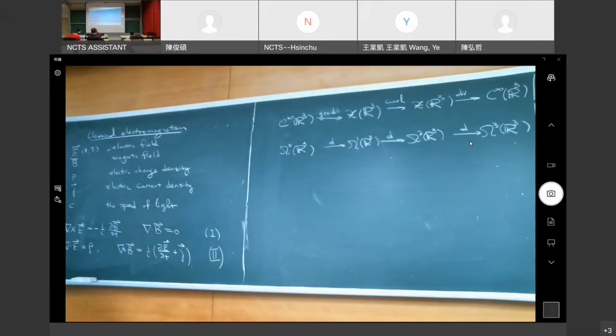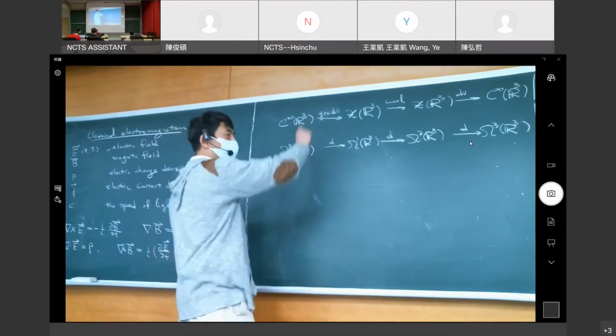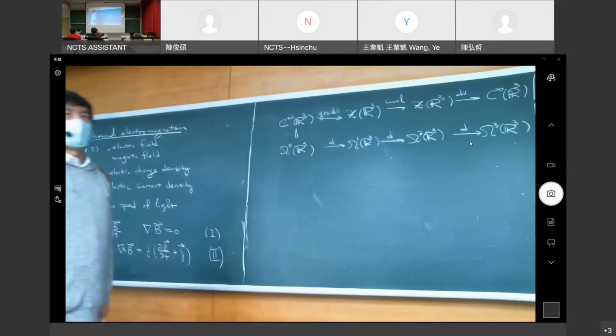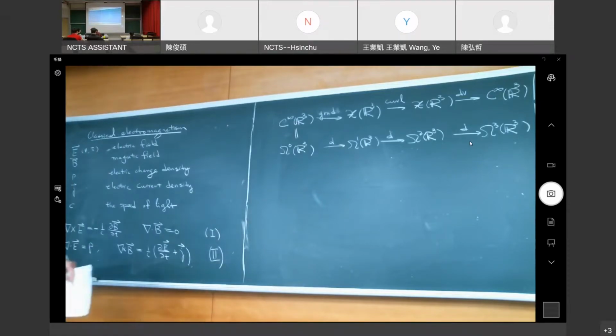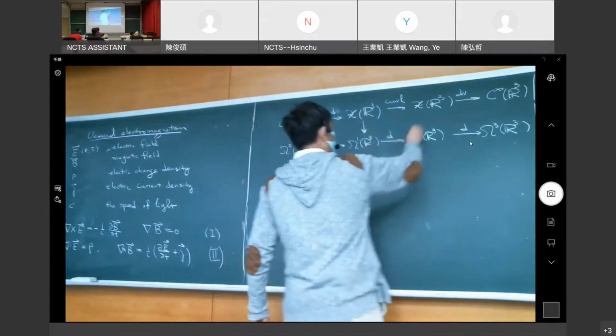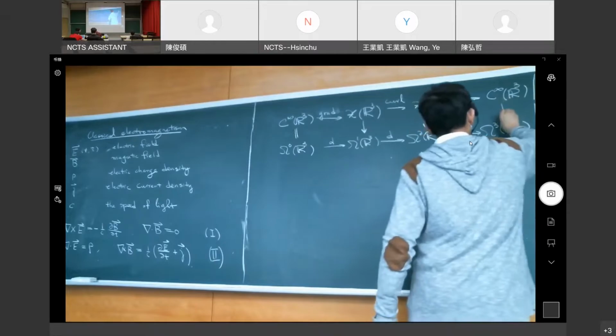And there is, of course, a relation between these horizontal lines: the first spaces are identical because a 0-form is just a function, and all the other spaces are isomorphic.